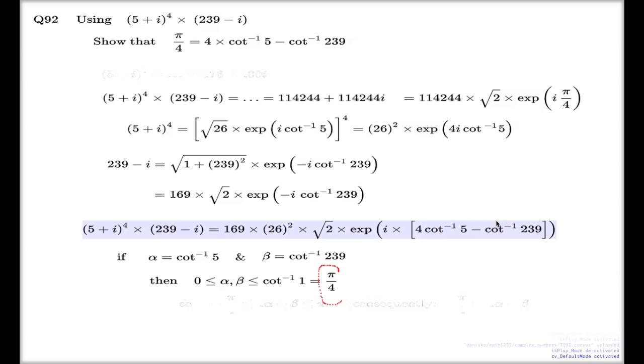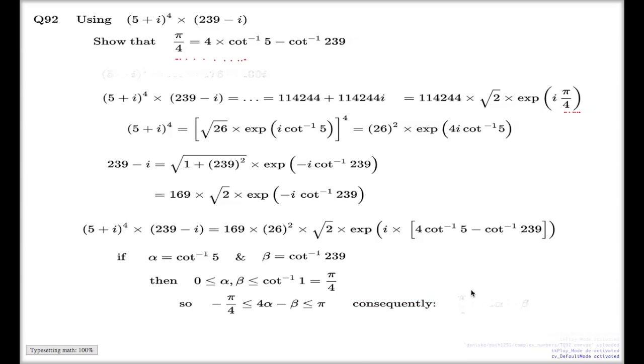That is enough to conclude that this combination is, on one hand, larger than negative pi on 4. I'm taking the smallest value here and the largest value here. The smallest value here is 0, the largest value here is pi on 4. That's why it's negative pi on 4. If I take the largest value here and the smallest value here, it will be pi on 4 times 4, so pi, and 0 here. It will be pi. That's why this combination is also between negative pi and pi, and that's why I can equate this bracket to this pi on 4.